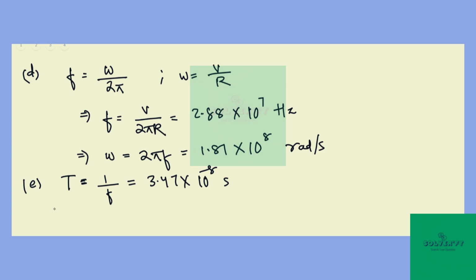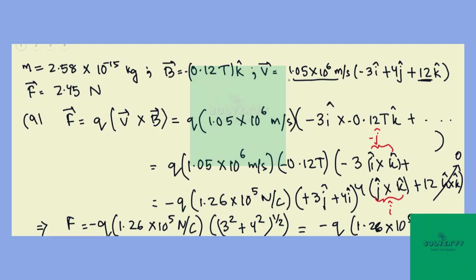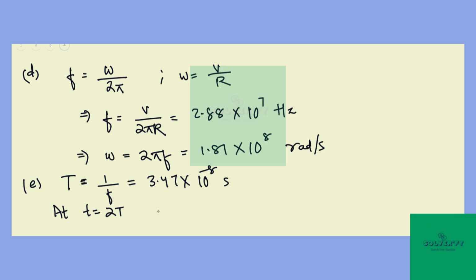So we are given that at time t equals twice the time period, the particle has returned to the same x and y coordinates, and the z component of the motion is motion with a constant velocity vz, which, as we said, is equal to this times this value.